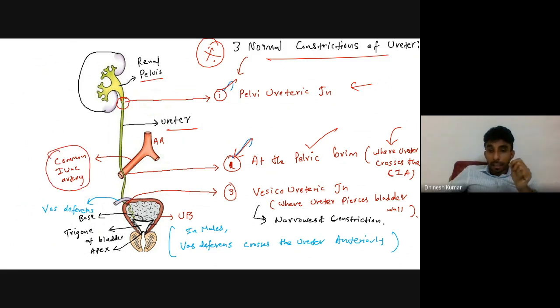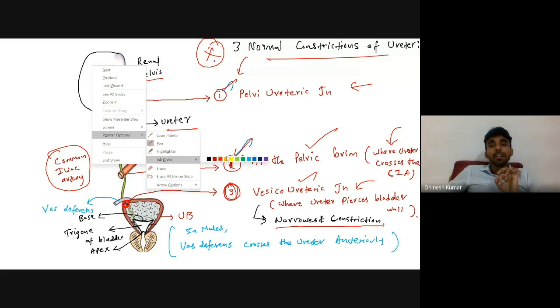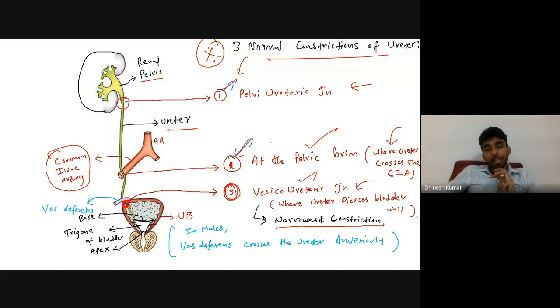And the third constriction of ureter is located where the ureter pierces the urinary bladder wall. So what will be the name of the constriction site? Yes, vesico-ureteric junction. Actually, that is the narrowest constriction among the three. So I hope you are clear about the three normal constrictions of the ureters.